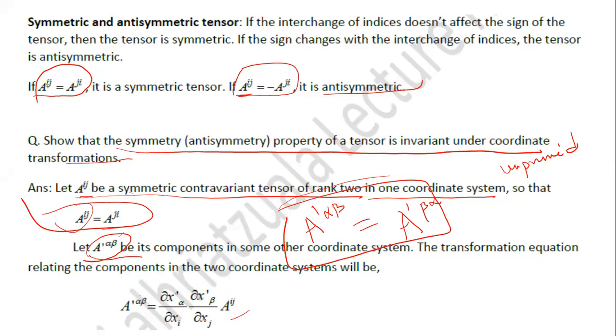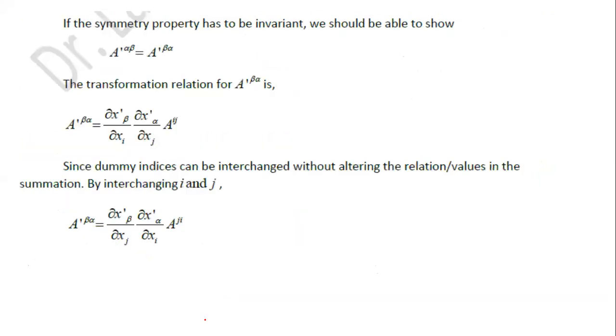Right. So this is, I think, probably clear to you how you write the transformation coefficient by now, if you listen to the lecture and also follow up with the lecture notes. Now, if this has to be invariant, this is what we have to solve, right?